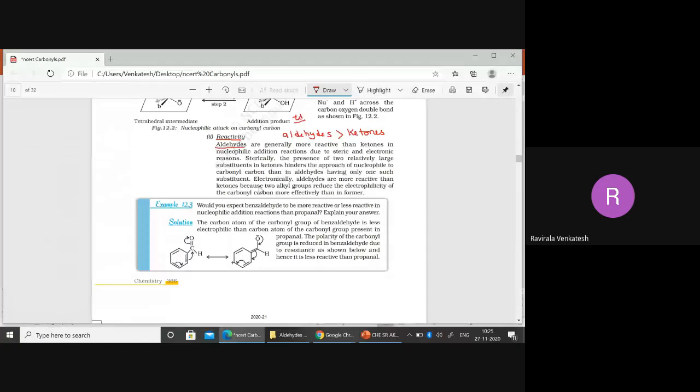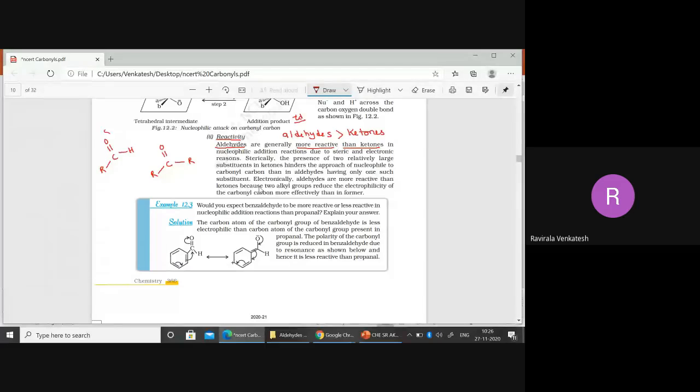Aldehydes are more reactive than ketones. What is the reason? I'm explaining with an example: aldehyde, R C double bond O H. One more I'm taking, R C double bond O R. Now this is the ketone, and this one is the aldehyde.